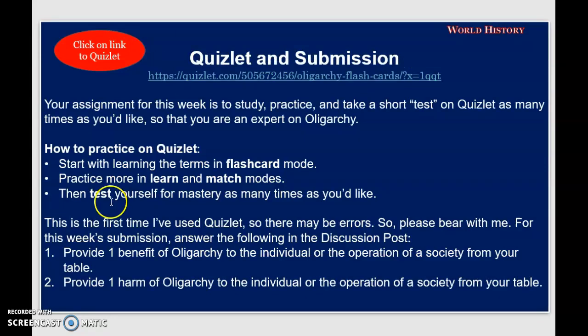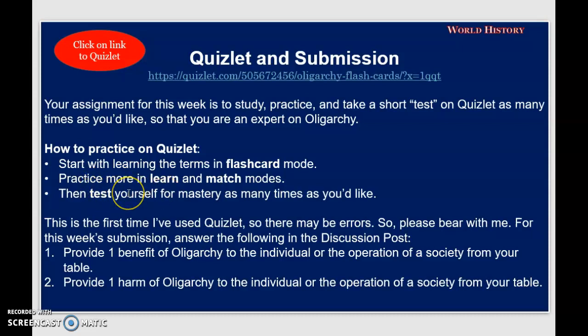And then the last thing is to practice the Quizlet and use the flashcard mode, the learn and match modes. If you don't like the modes that require you to do spelling, then try a different mode. The flashcard and the match modes don't require that you know how to spell. And then test yourself.